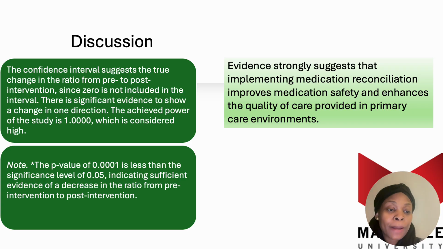The achieved power of the study is 1, which is considered high, and the p-value of 0.0001 is less than the significance level of 0.05, indicating significant evidence of a decrease in the ratio from pre to post intervention, which is very good. It also strongly suggests that implementing medication reconciliation significantly improves medication safety and enhances the quality of care provided in primary care environments.